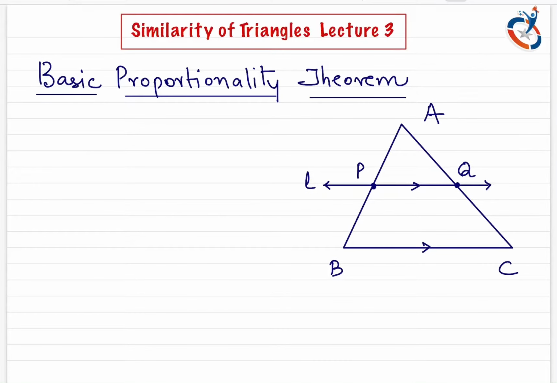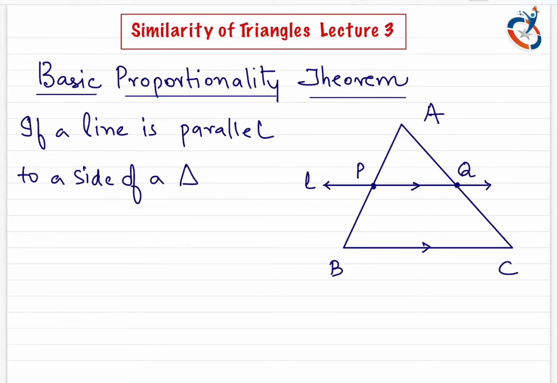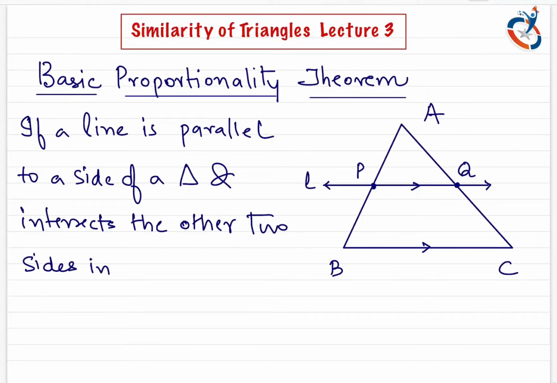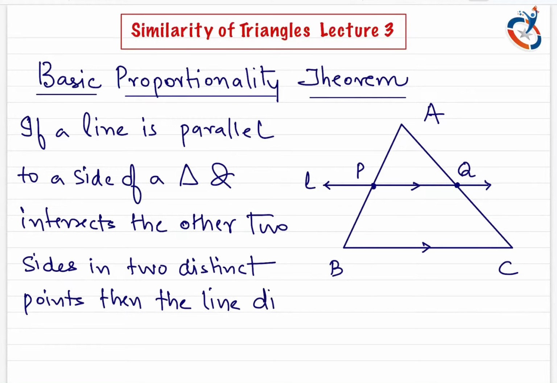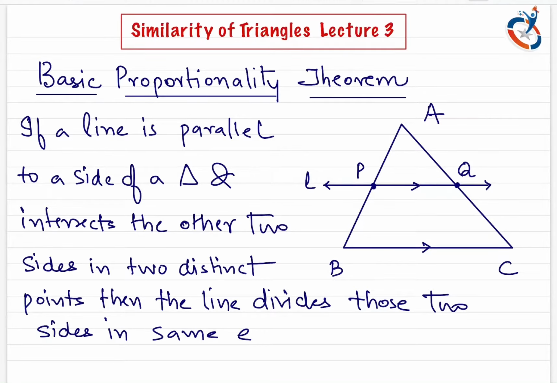So the statement comes out this way: if a line is parallel to a side of a triangle and intersects the other two sides in two distinct points, then the line divides those two sides in the same ratio.